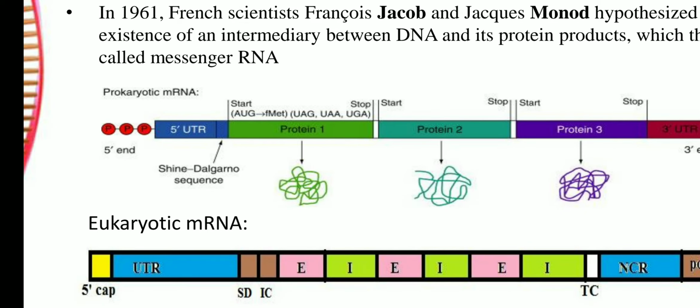Once the protein coding region is ending, there is a terminator codon or a stop codon. Now the stop codon is usually of three types, that is UAA, UAG and UGA. UAG stands for amber, UAA stands for ochre, and UGA stands for opal.